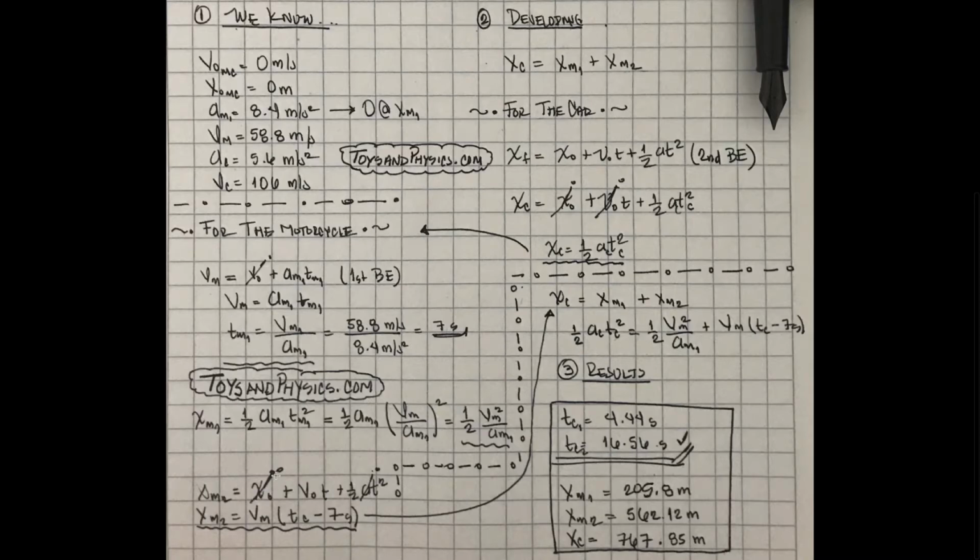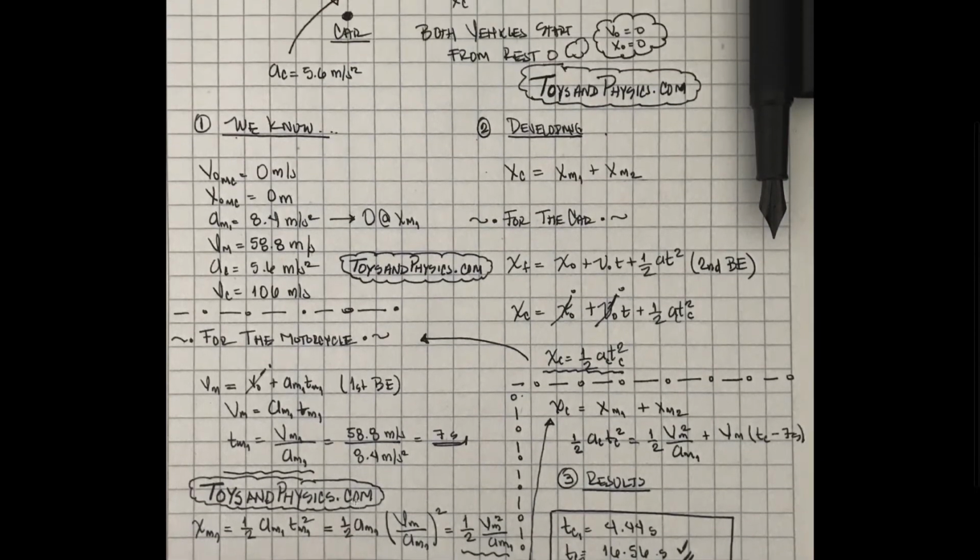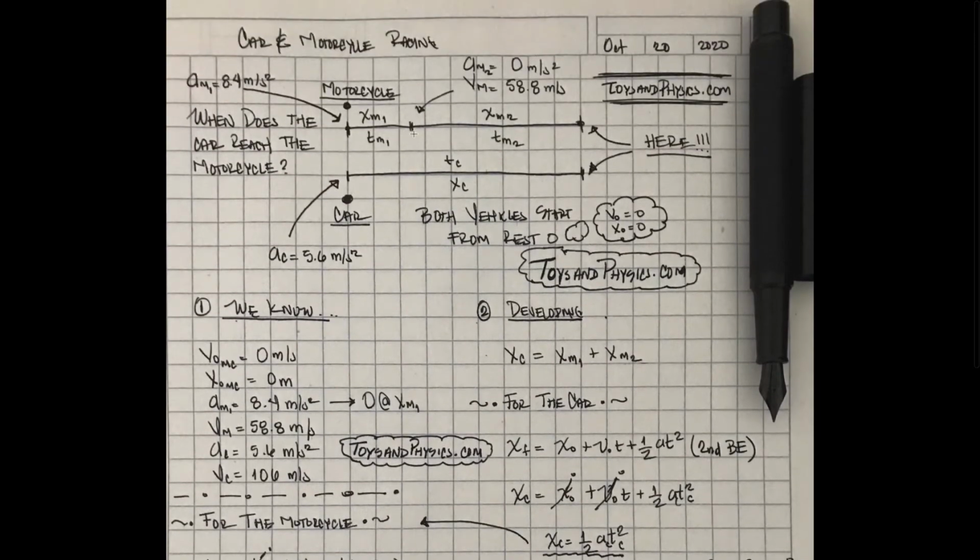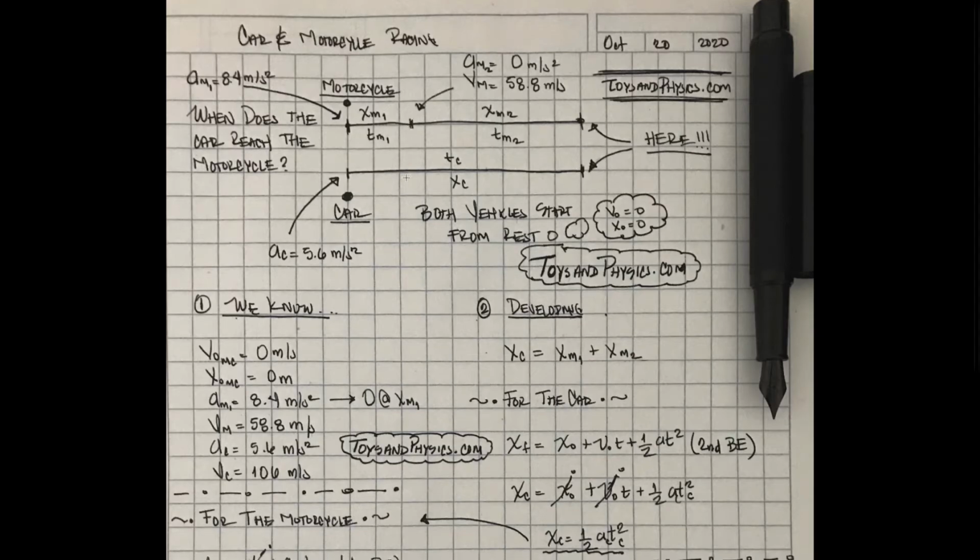X initial, it's 0. And this is a tricky one. That's something important to understand, because now we are saying that the motorcycle is here. So why would the initial position be 0? If that initial position was here, why is it that now this initial position will go down to 0 as well?